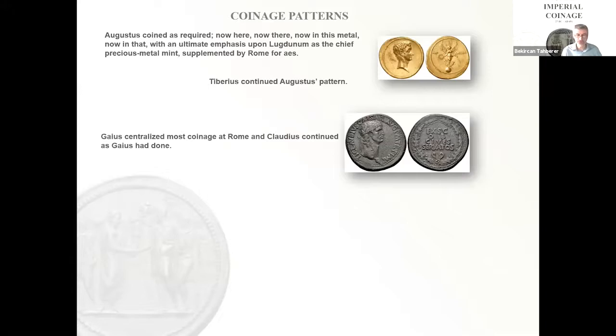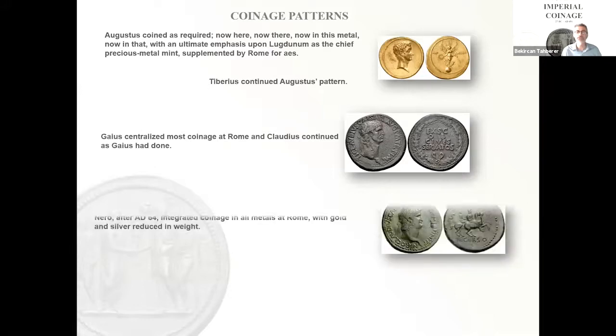So Claudius continued the same practice, so the minting came to Rome. Nero, after his monetary development, integrated all coinage in all metals at Rome with gold and silver in reduced weight.